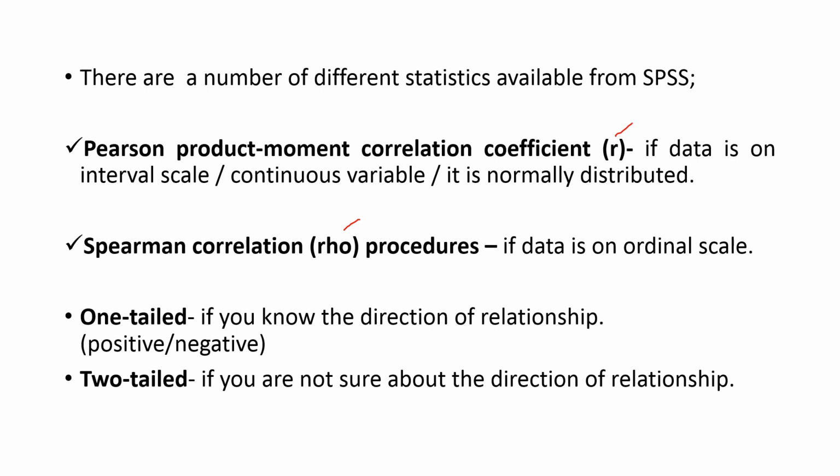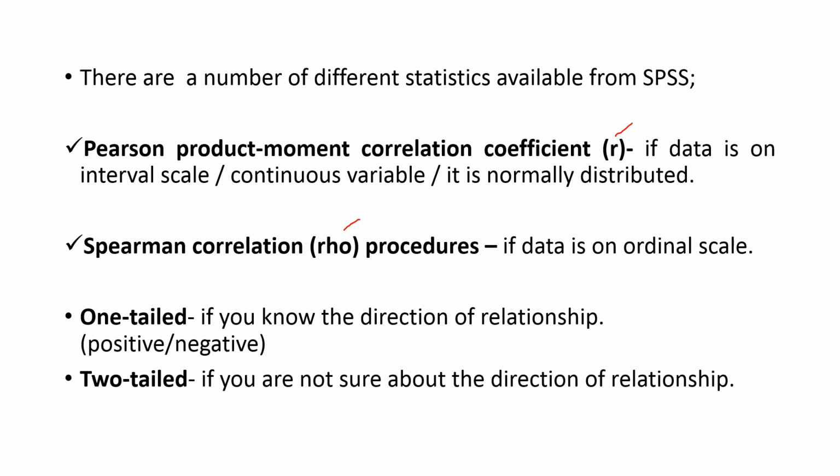In Pearson correlation, if data is on an interval scale or a continuous variable, or if it is normally distributed, then we go with Pearson correlation. And the next is Spearman correlation if the data is on an ordinal scale. So these are the two cases of correlation analysis which we go with.